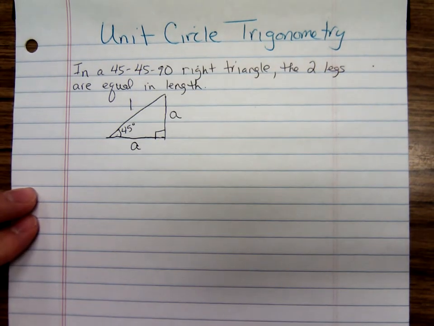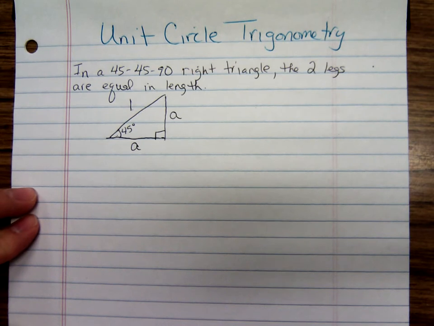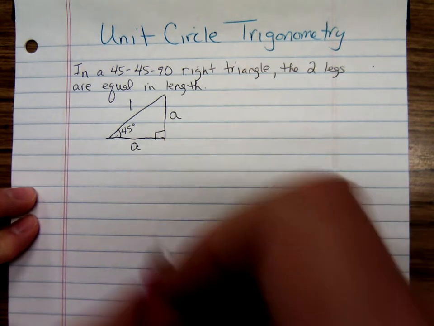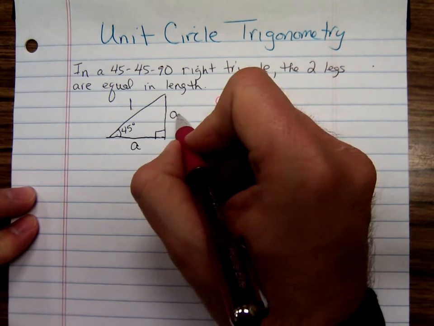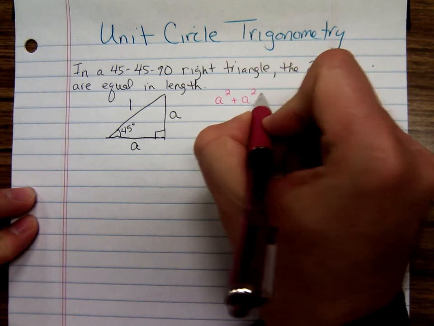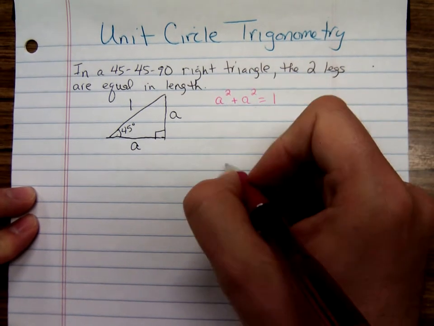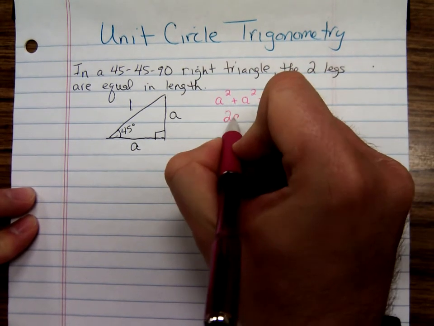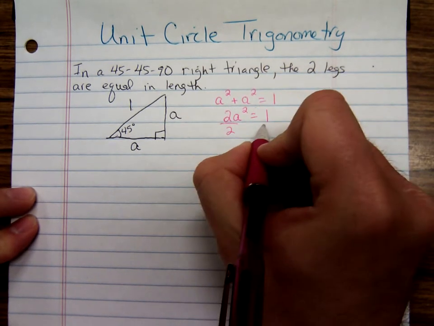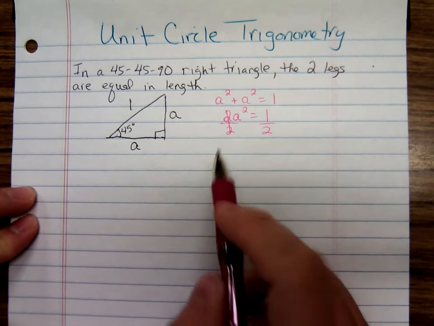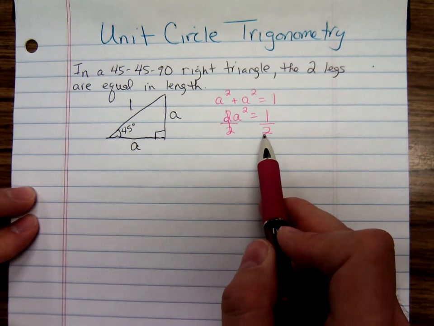You'll see in a moment why I'm choosing 1 as the hypotenuse. We could use the Pythagorean theorem and we'd have a squared plus another a squared is 1. So adding those, a squared plus a squared, that'd be 2a squared equals 1. Divide both sides by 2 to get a squared equals 1/2.